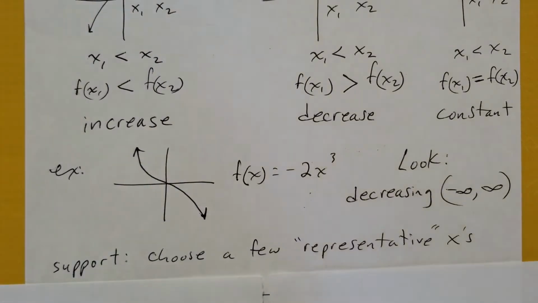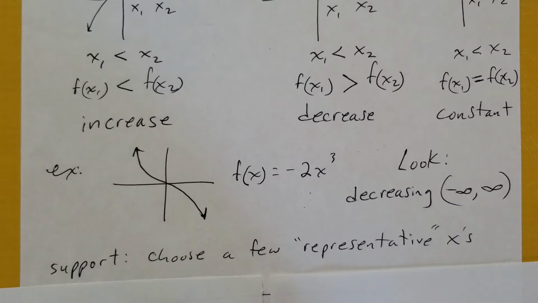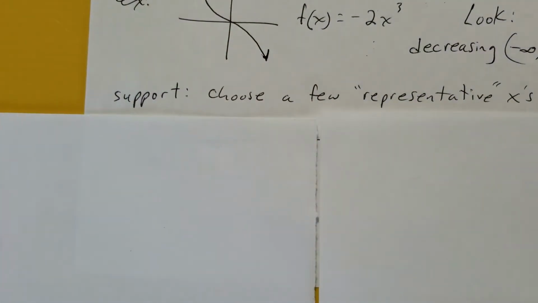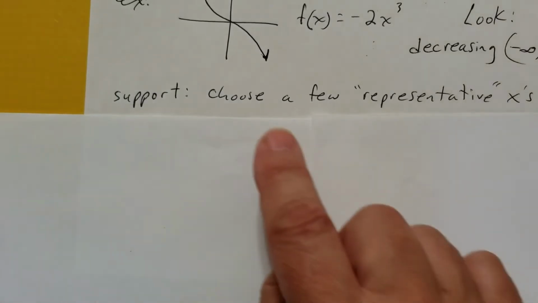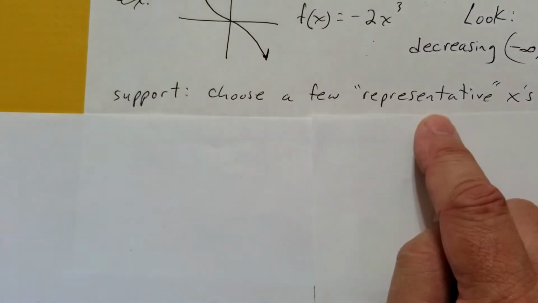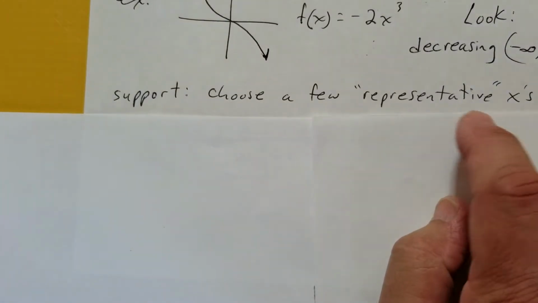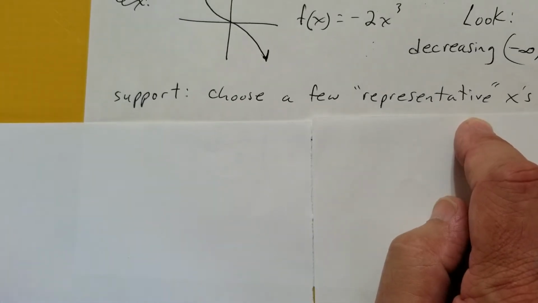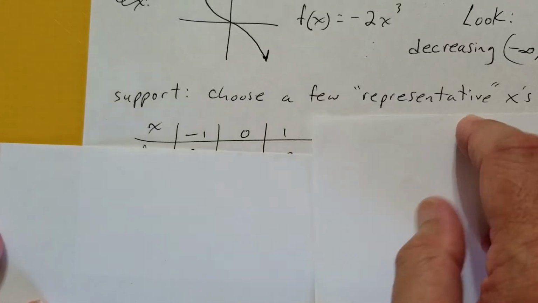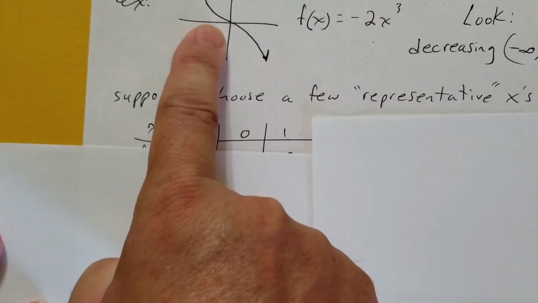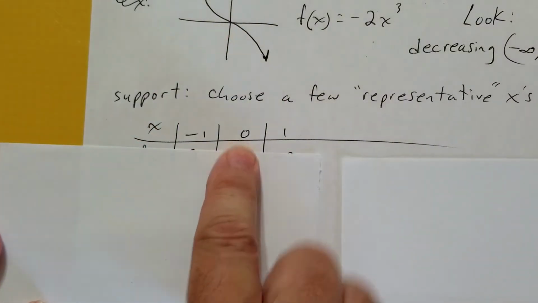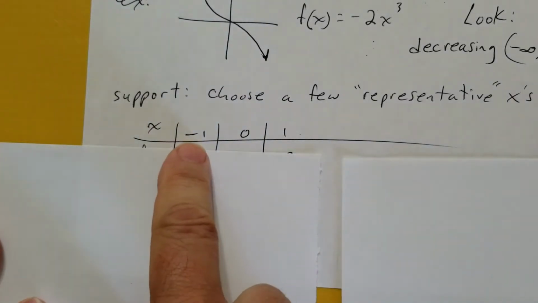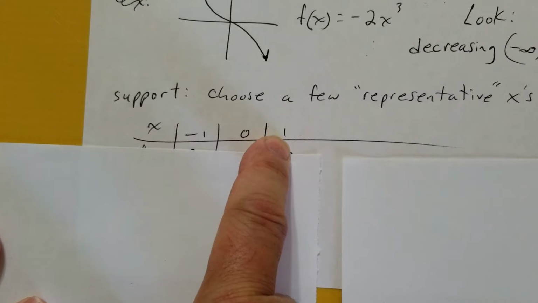But suppose you're asked to prove it. You have to prove it numerically with algebra, right? Support it. How do you support it? Well, choose a few representative x's. That kind of means any x's to show that it's going down, right? Why don't we choose some simple x's, like -1, 0, 1, right? 0, and then 1 on either side. So notice that the x's go from small to big.